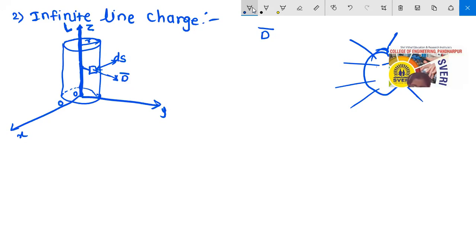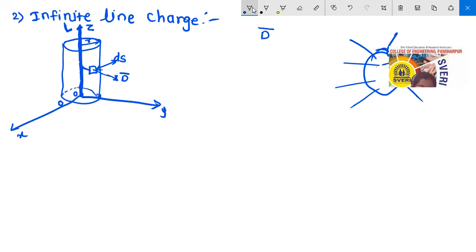The number of electric flux lines crossing this surface area is nothing but your electric flux density. All of you understood this point? Yes or no?